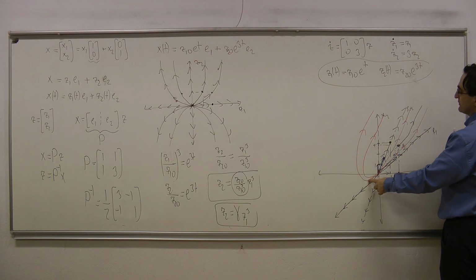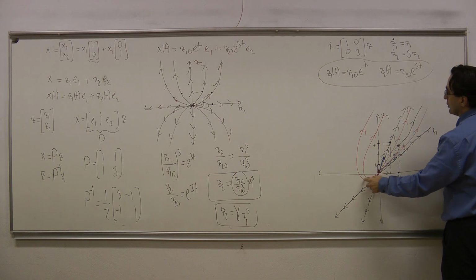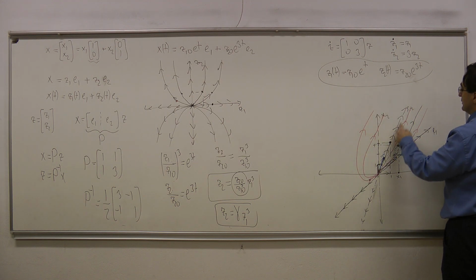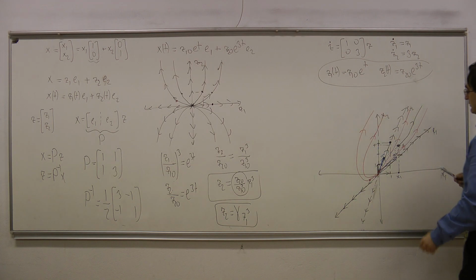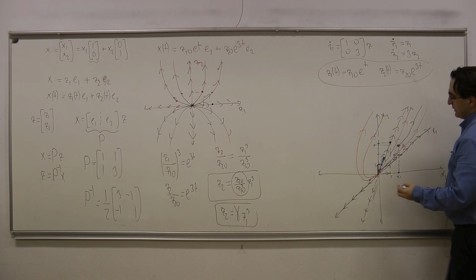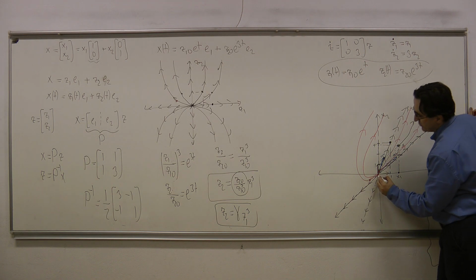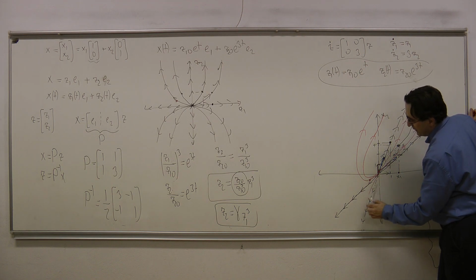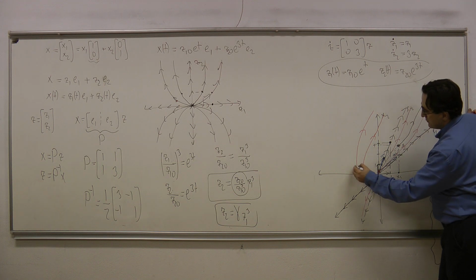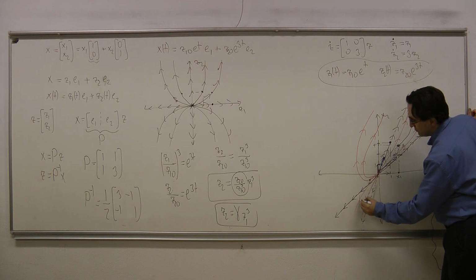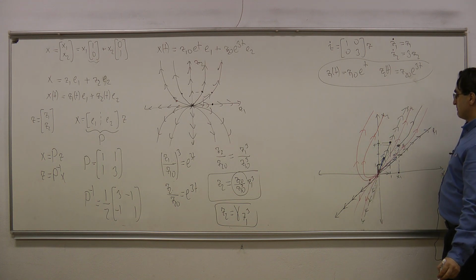And the trajectory starting here is always going to end up parallel to the Z2 line, which is going to be this line. And if I try to draw the other ones, they're going to be looking like this. So these are the trajectory lines.